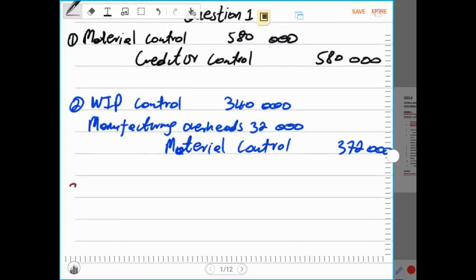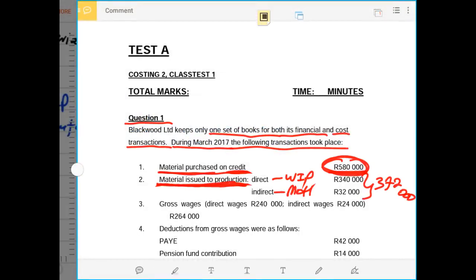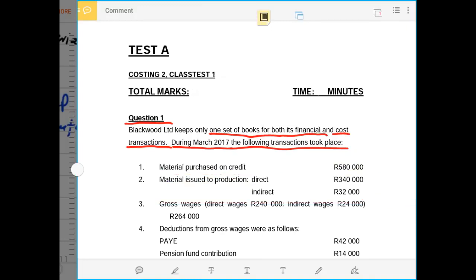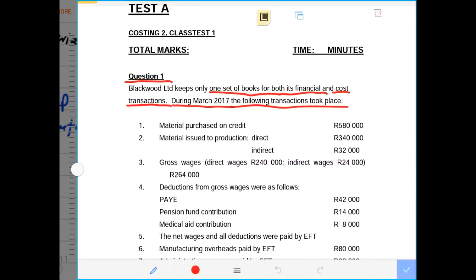Then we go to entry number 3. Entry number 3 says to us that we have the total of the gross wages. Remember, once again, gross wages are divided into direct wage 240 and indirect wage.